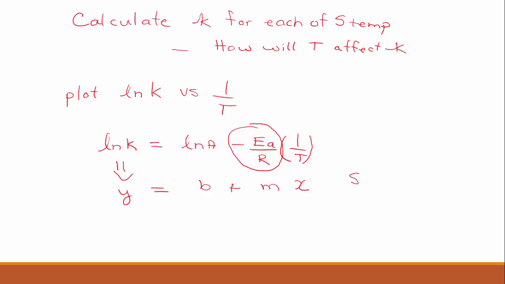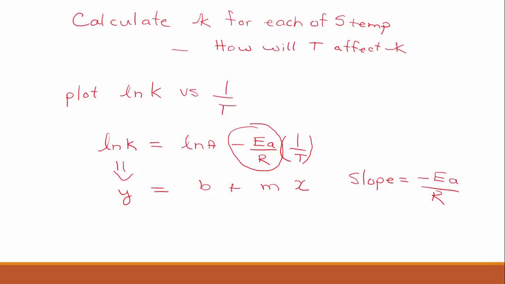So your slope is equal to minus Ea over R, so you can calculate the activation energy of your reaction.